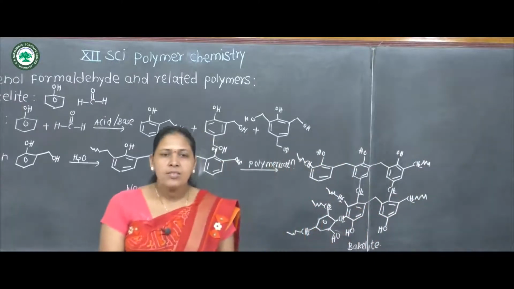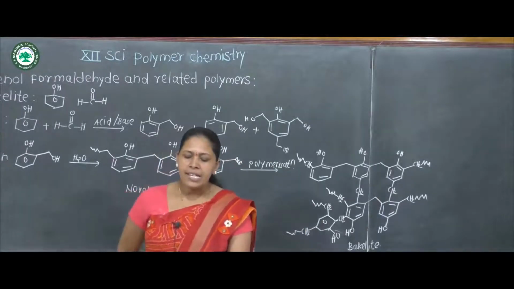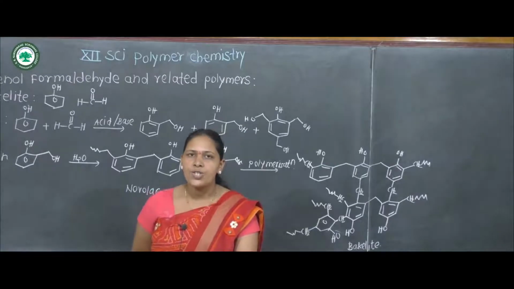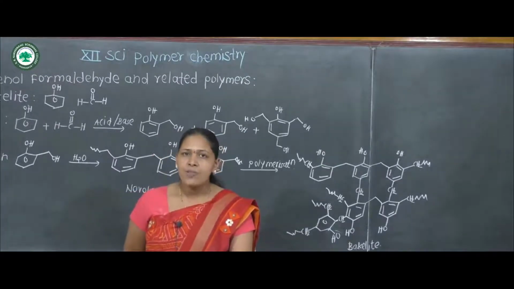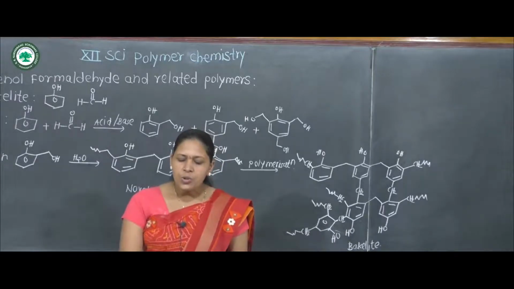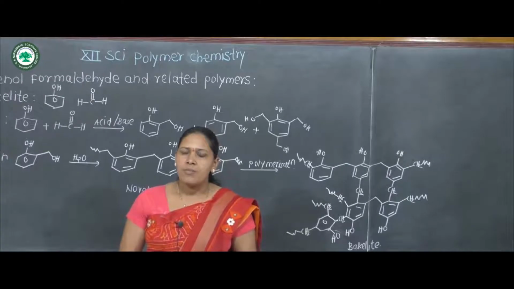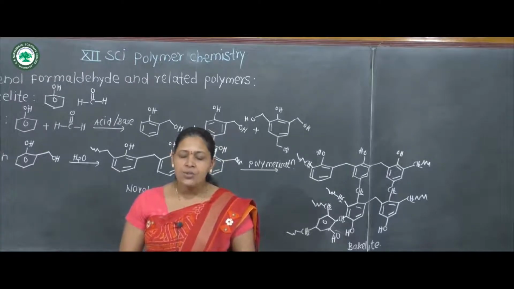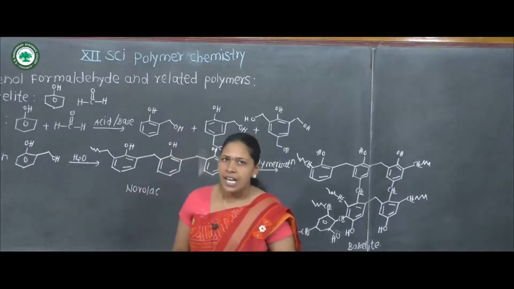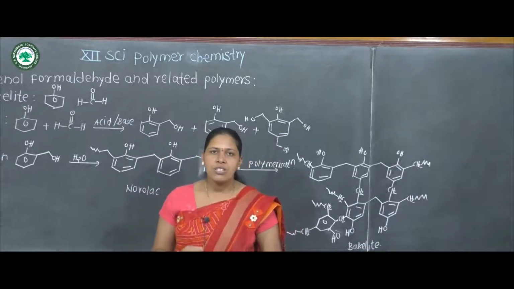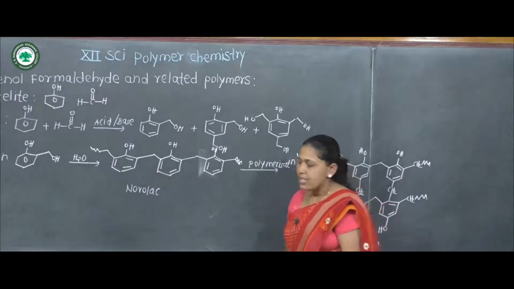What are the properties of bakelite? In the third stage, there is formation of higher cross-linking to form a rigid polymer, which is used in making plastic materials used in telephone instruments, kitchenware and electric insulation wire. These are the uses of bakelite.